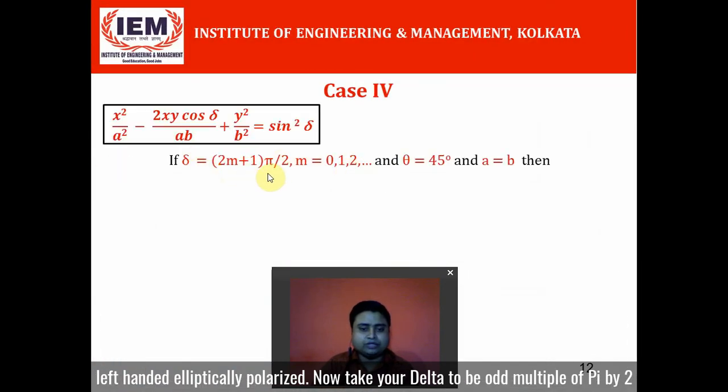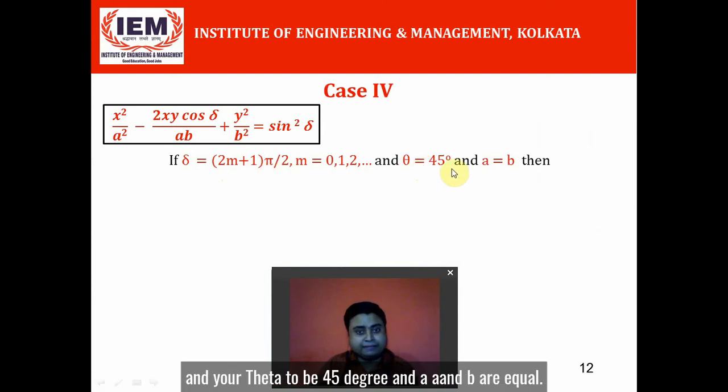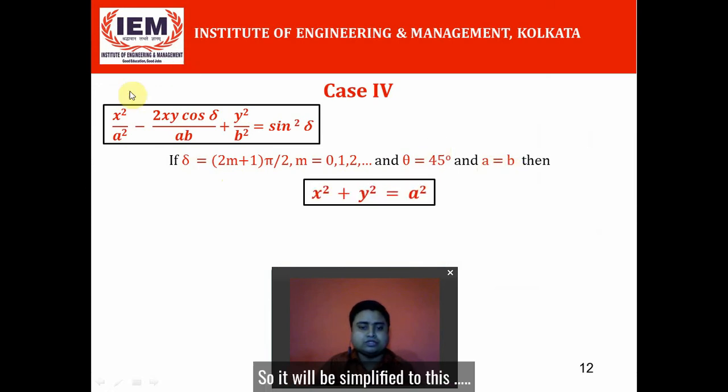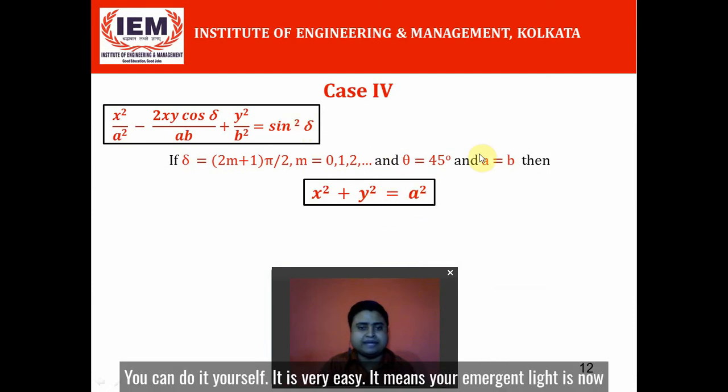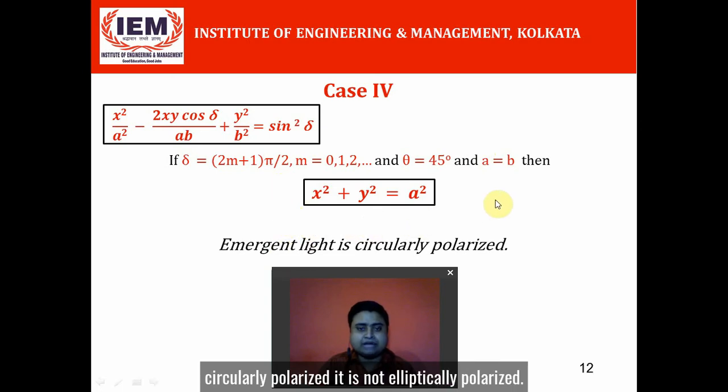Now take your delta to be an odd multiple of pi by 2 and your theta to be 45 degrees, and a and b are equal. So it will be simplified to x square plus y square equal to a square. You can do it yourself, it is very easy. It means your emergent light is now circularly polarized. It is not elliptically polarized.